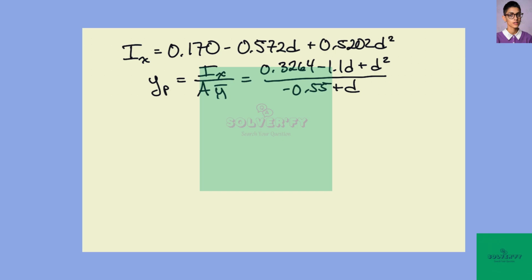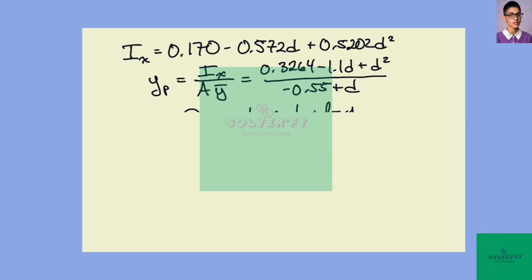And then we know the center of pressure is the area moment about the x-axis over the area of the gate times the distance to the centroid of the gate. And we have all these things in terms of d.